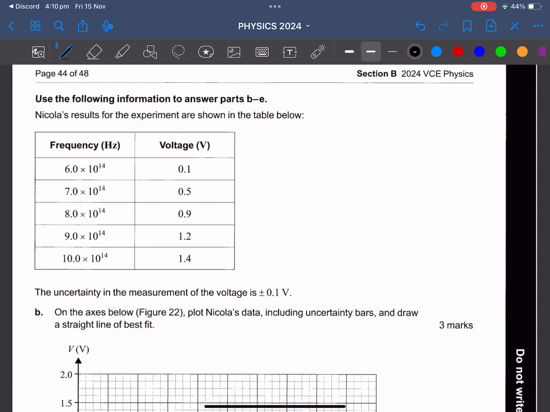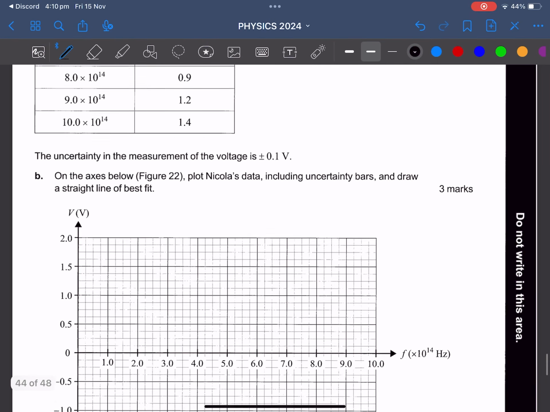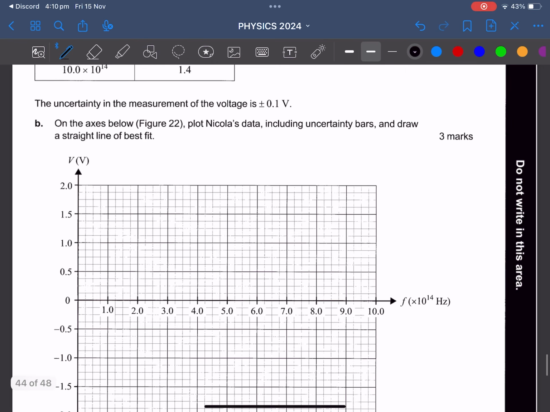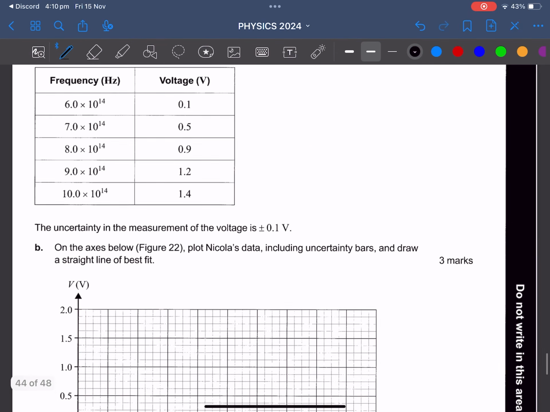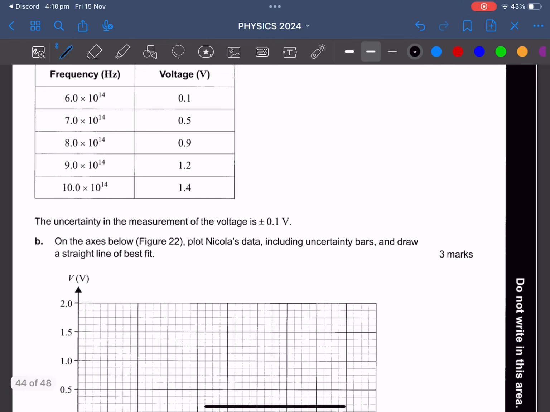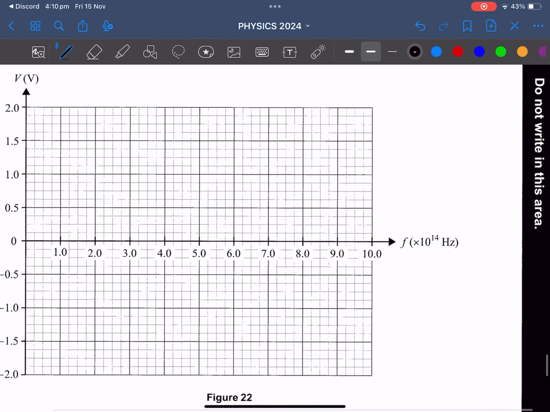Nicola's results for the experiment are shown in the table below. Okay, so the uncertainty in the measurement of the voltage is this. On the axis below, plot Nicola's data, including uncertainty bars, and draw a line of best fit. So at 6 is 0.1. So what's the scale?